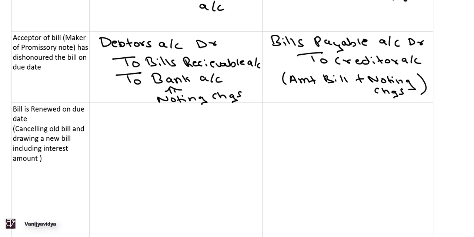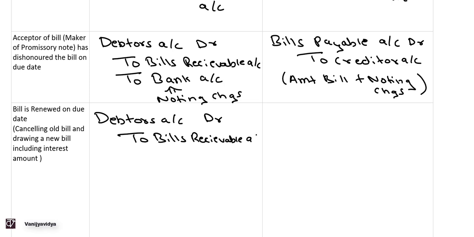The entry for cancelling the old bill is debtors account debit to bills receivable account. This is the entry for cancelling the old bill. Then there will be a new bill. For that new bill, there is some interest which has been charged.